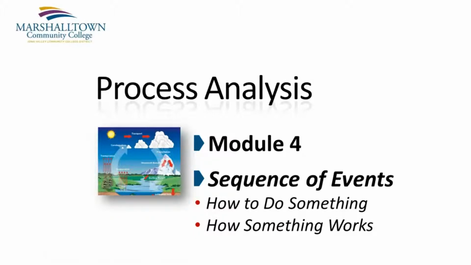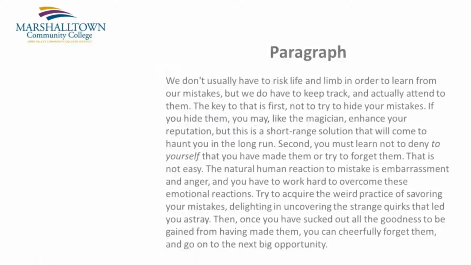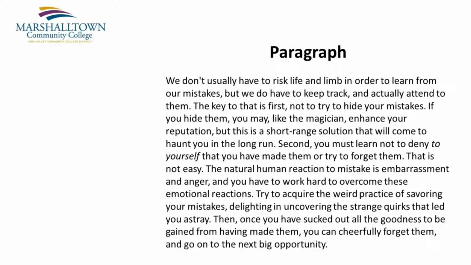Now let's talk about the criteria I'll use to evaluate and grade your final assignment. First and foremost, I'll be looking to see how well your paragraph is structured. If you recall from my videos in Module 2 and 3, a paragraph consists of a topic sentence at the beginning, which tells your reader the main point or idea that you'll be talking about throughout the rest of the paragraph.